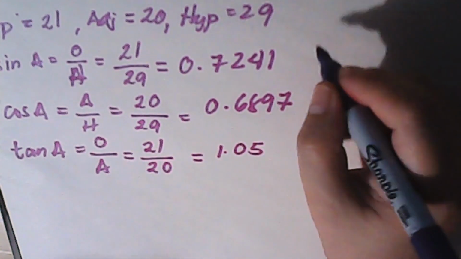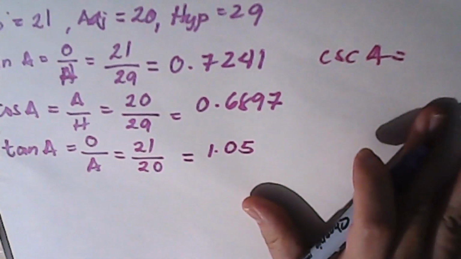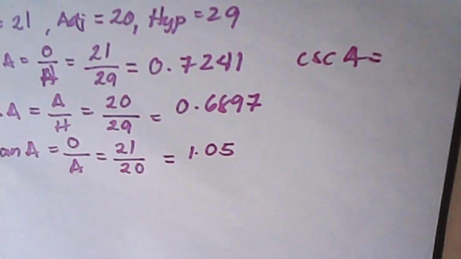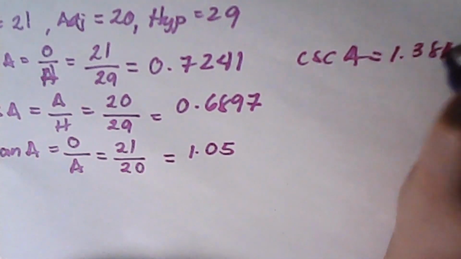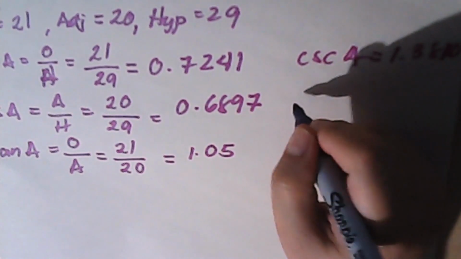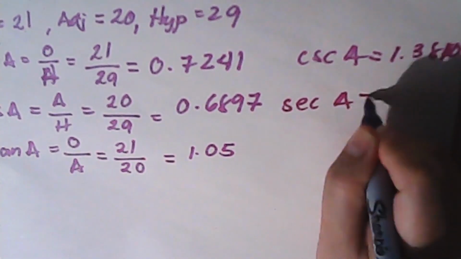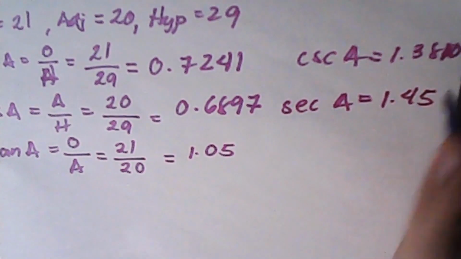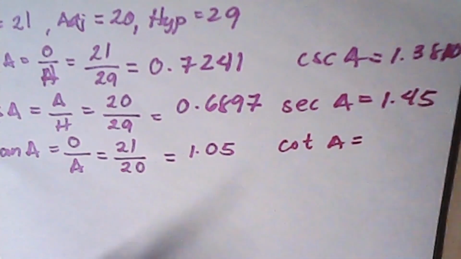The reciprocal of sine is cosecant, so we will divide the hypotenuse by the opposite side. To get the reciprocal of cosine, you are going to have secant. And the reciprocal of tangent is cotangent.